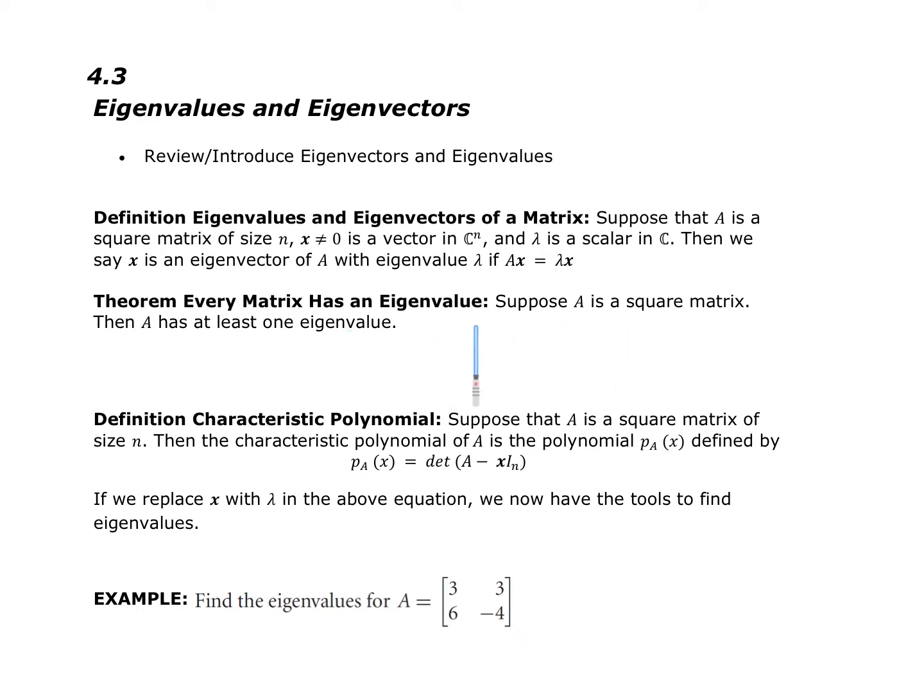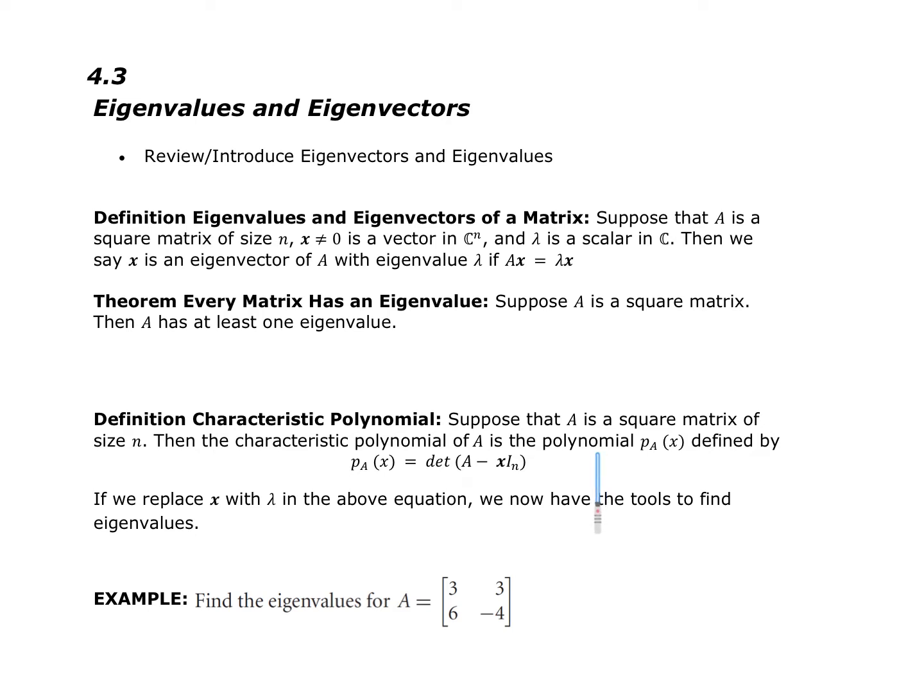Every matrix has an eigenvalue. So suppose A is a square matrix, then A has at least one eigenvalue. Characteristic polynomial. Now this is something slightly different than the characteristic polynomial we have when we're talking about homogeneous linear constant coefficient second order differential equations. This is a different kind of characteristic polynomial.